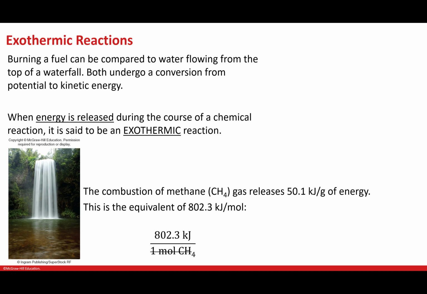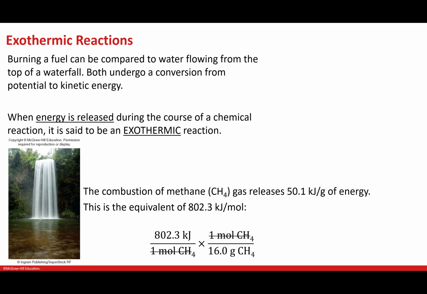So this down here at the bottom shows you how we convert from kilojoules per mole to kilojoules per gram. If we know that it's 802.3 kilojoules per 1 mole, in order to get to grams, we're going to use the molar mass of methane. Remember, we go to the periodic table, got mine handy here. We look up 1 carbon plus 4 hydrogens to get a molar mass of 16.0 grams per mole.